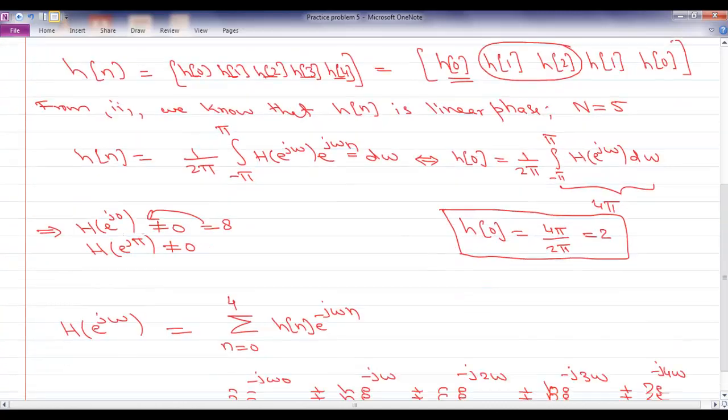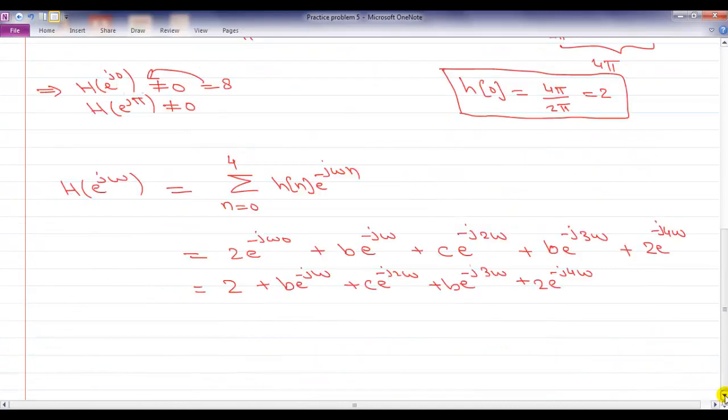Now, from condition 2, we know that H of e to the j omega is equal to A of e to the j omega times e to the minus j 2 omega.